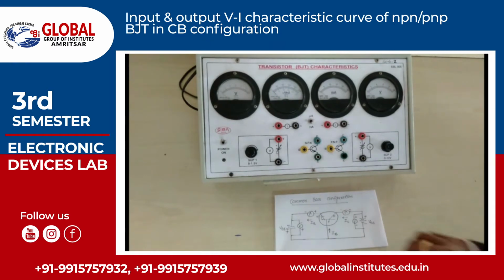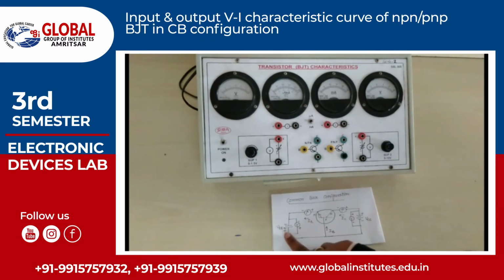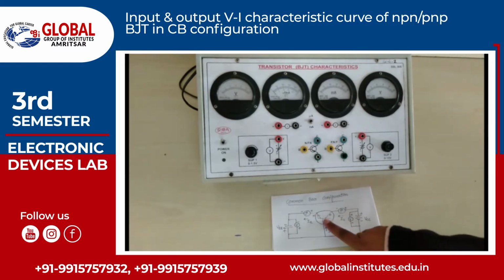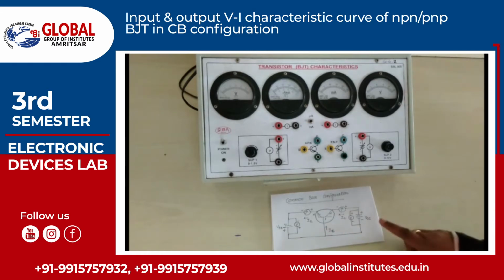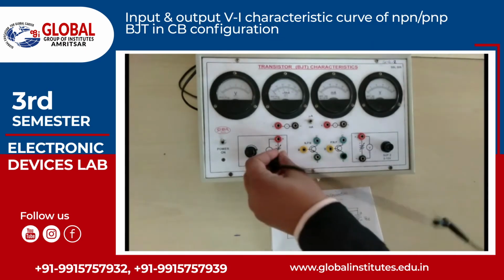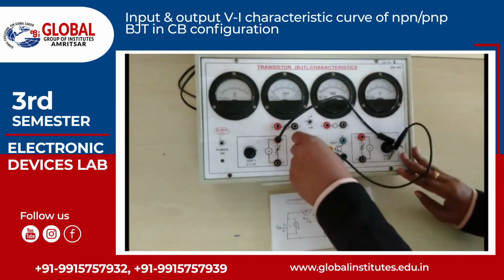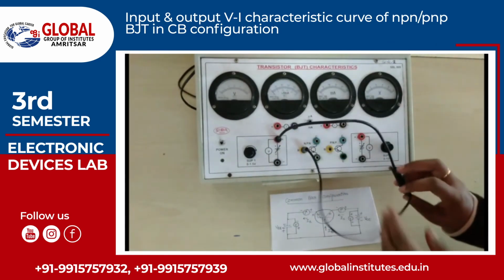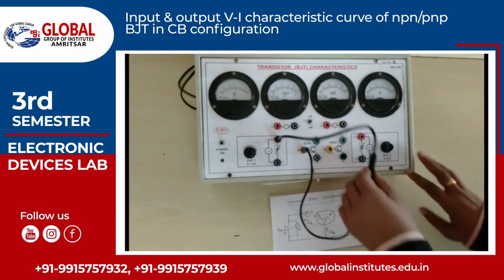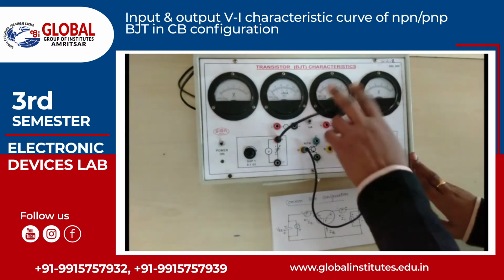First of all, in common base configuration, this is the common point. Voltage source positive side of the input side and base of the transistor, and negative side of the voltage source in the output side. So connect the positive of the voltmeter to the base of the transistor, and this point is connected to the negative side of the output voltmeter.